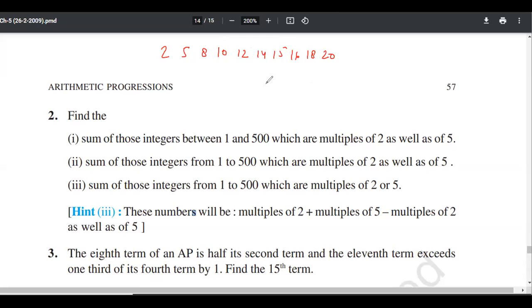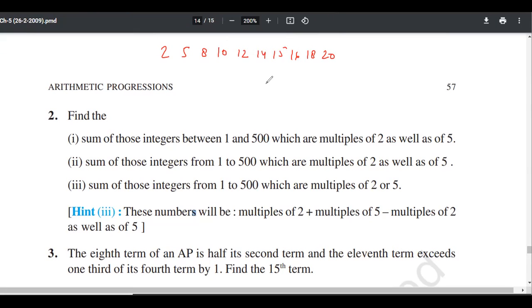Is it an AP? No, sir. So what you have to do is, you have to find out separately the multiples of 10 and 5.